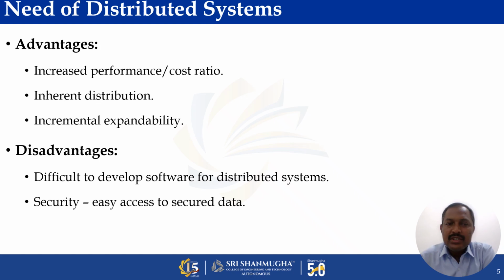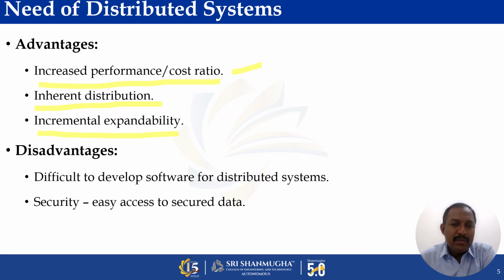So what are the advantages of this distributed system? Increased performance to cost ratio is one of the main features. With the help of a group of autonomous computers, we can increase performance as well as reduce cost. The next, inherent distribution: work is distributed among a group of autonomous computers which are connected through a network.